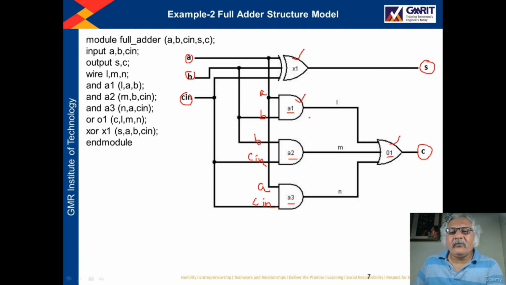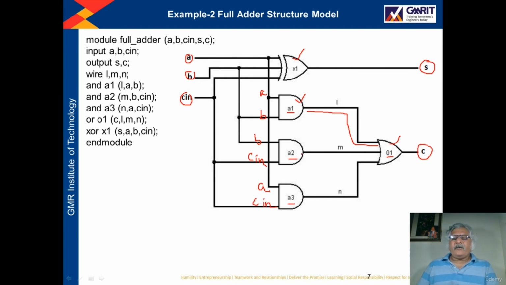So now here you can see there are 3 intermediate wires. This is one wire. This wire is neither connected to an input port nor to an output port, but it is internally connected between the components.